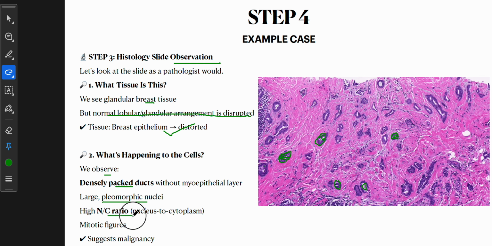And there is a high nuclear cytoplasmic ratio. You cannot even see the cytoplasm. This is just a blue ring kind of thing in here, right? So a high nuclear cytoplasmic ratio is there, and mitotic figures are there, so it suggests malignancy. Mitotic figures like this. These are the mitotic figures right here. That suggests malignancy. This is a case of malignancy.